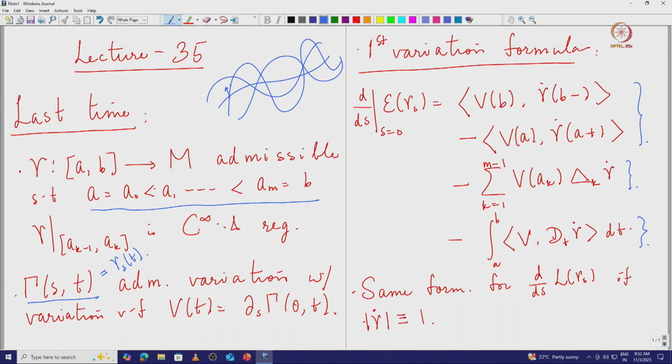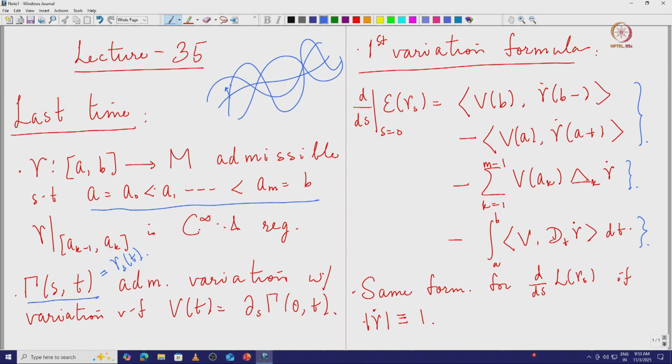So there are these three types of terms that occur in the first variation formula, and the point is that the energy functional is much more suited to variational analysis because it is not invariant under reparameterizations. On the other hand, the length functional is invariant under reparameterizations, which makes it slightly harder to deal with when it comes to variational analysis.